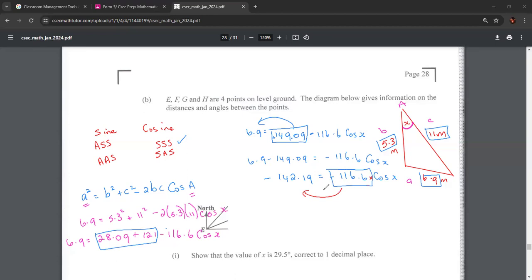So when it goes across, it's going to do the opposite of multiplication, which is division. So it becomes negative 142.19 divided by negative 116.6, which is equal to cos of x. So 142.19 divided by 116.6, we got cos x.